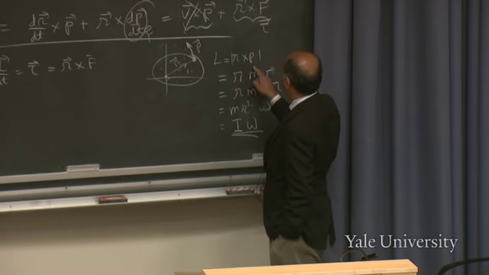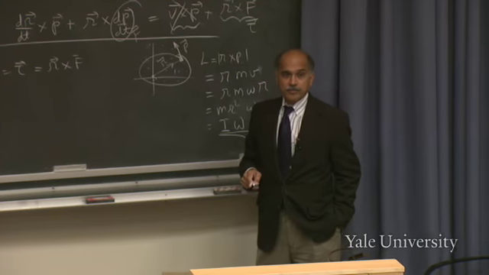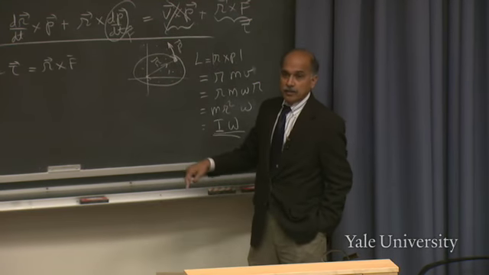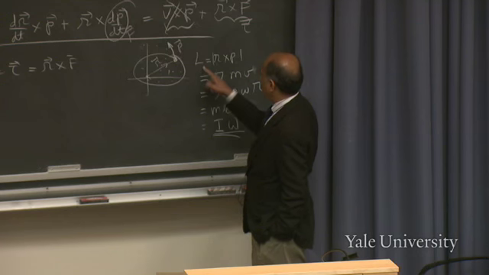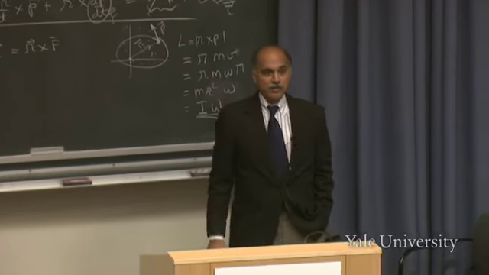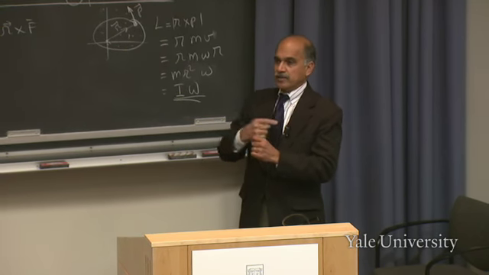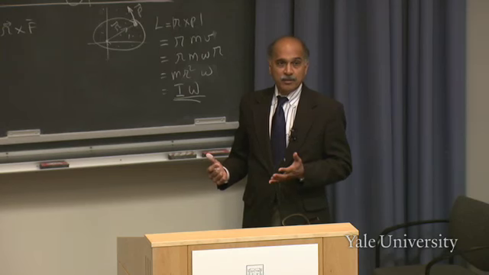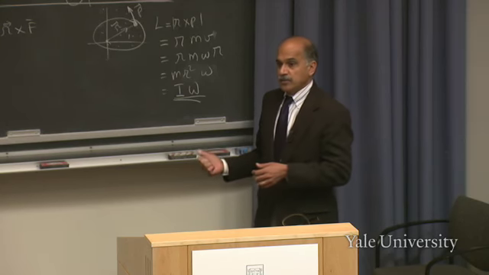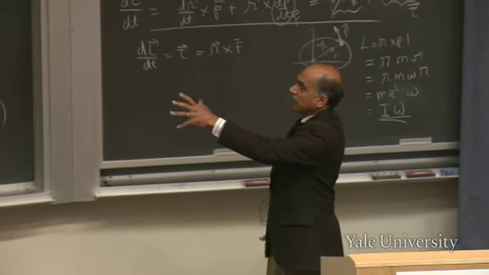Because if r and p lie in the xy plane, then r cross p lies along the z-axis, either out or in. That is why both torque and angular momentum were treated as scalars and not as vectors. Because if a vector is constrained to lie up or down the z-axis, we can forget about the fact it's a vector. We just say it's plus if it's up and minus if it's down. That's why in all the early calculations I did today with torques, it was treated as a scalar.